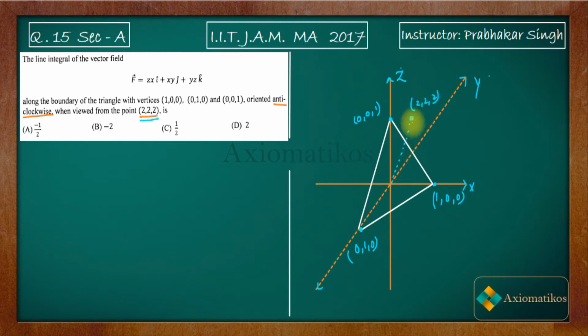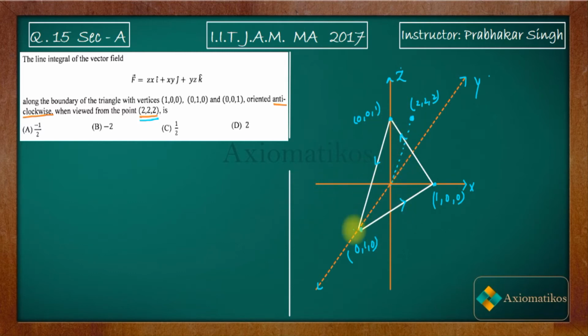If you want to see from this point the anti-clockwise direction, think of it like this: the triangle is lying on the board and you are standing on it. You want the anti-clockwise direction, so it will be like this. This is the usual anti-clockwise direction that we know, so it is satisfied.